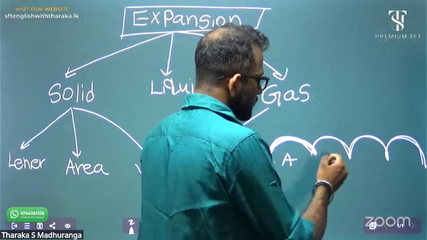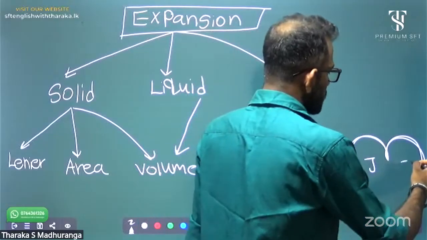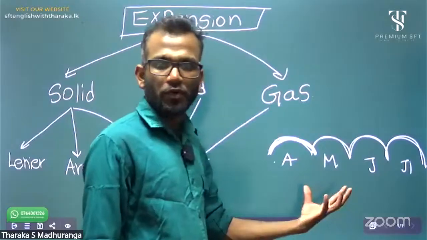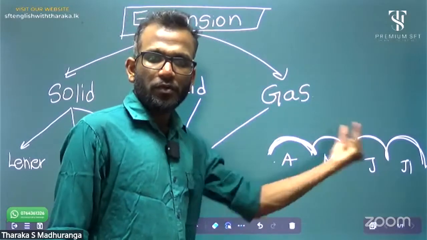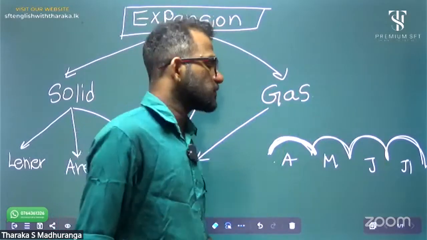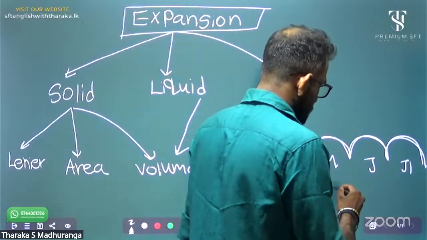This is April, May, June, and July. Only 4 months, which means 120 days.